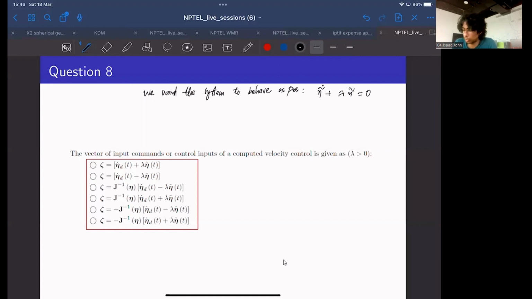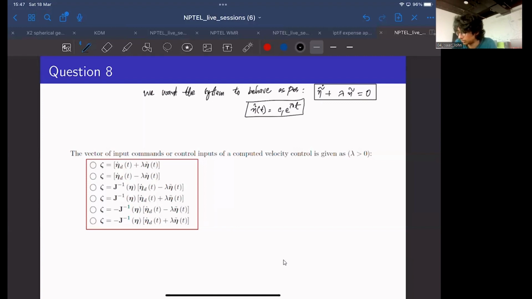So for a kinematic control, we would want the system to respond as per the first order error dynamic. This is also a first order differential equation, right? So what will be the homogeneous solution of this equation? If time is the independent variable, eta tilde of time would be c1 e raised to lambda t, right?